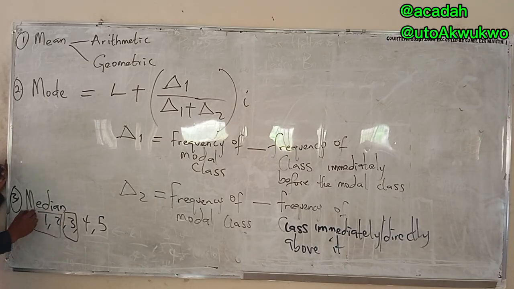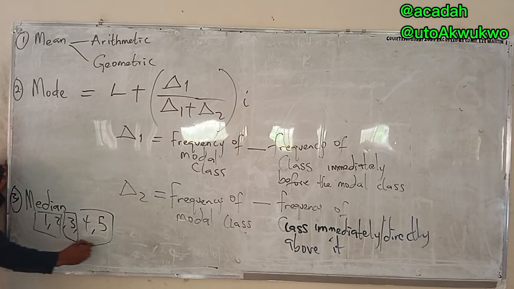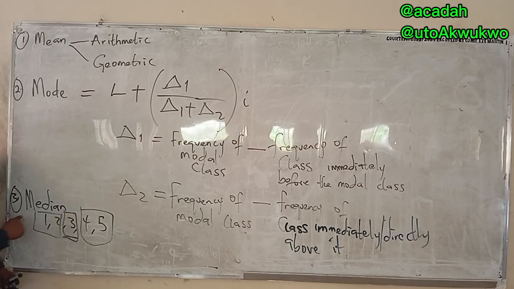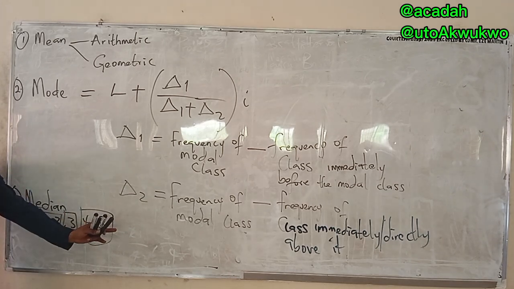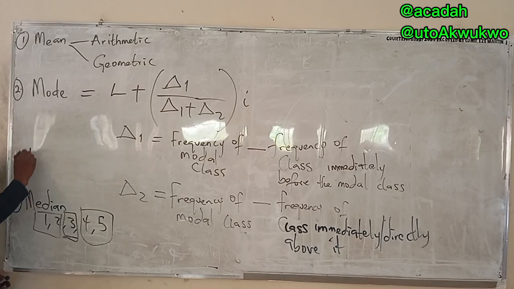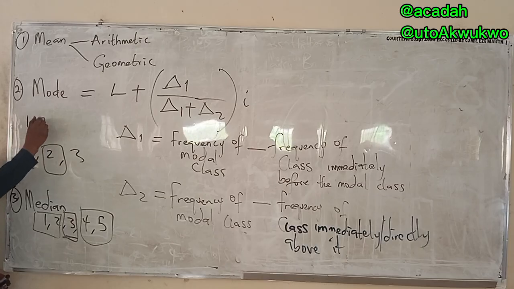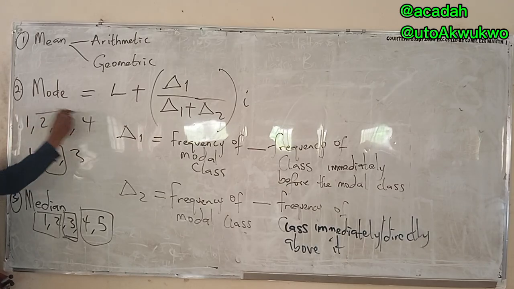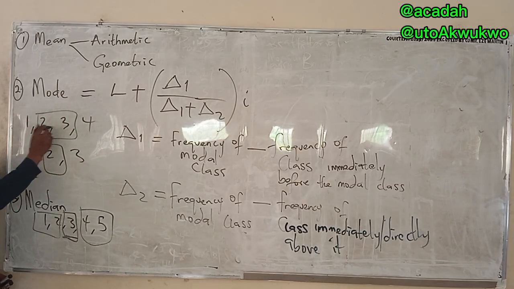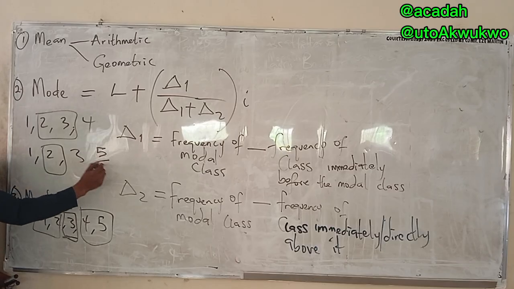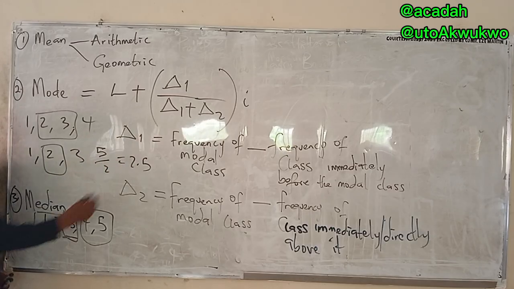What I mean is that if it's an odd number, there will be one exactly at the center, and then you do this side and this side. For odd numbers, I have 1, 2, 3, a total of 3, an odd number. But if I have 1, 2, 3, 4, you have 2 and 3 in the middle. Then you add these two, 5, divide by 2, and that gives you the middle one, 2.5.